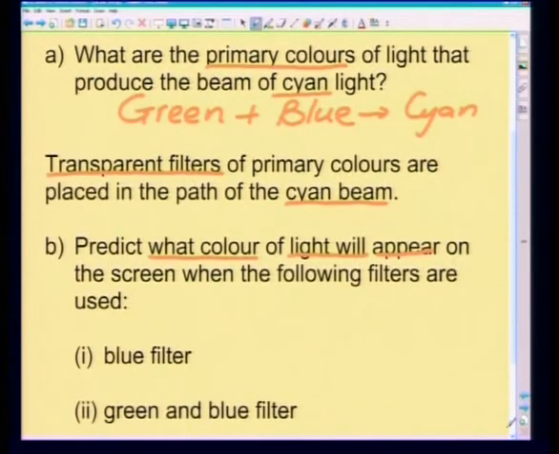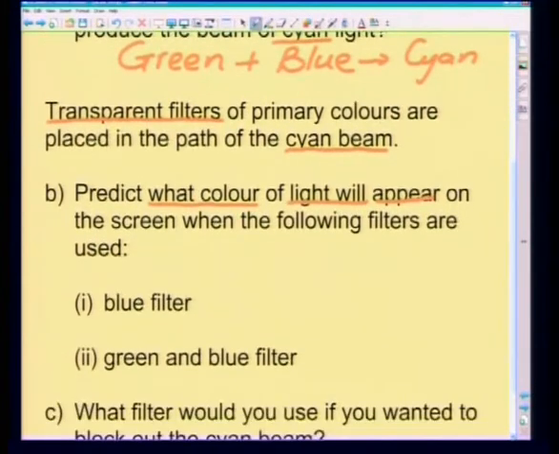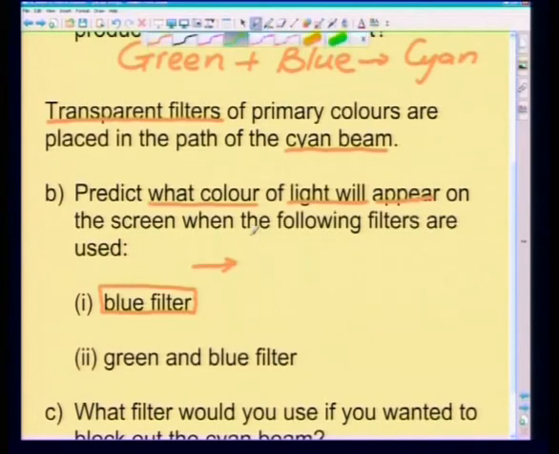So say you have that cyan light coming and you have a blue filter on the way. Now let's look at this. Here is the cyan light coming. You've got a blue filter, right?